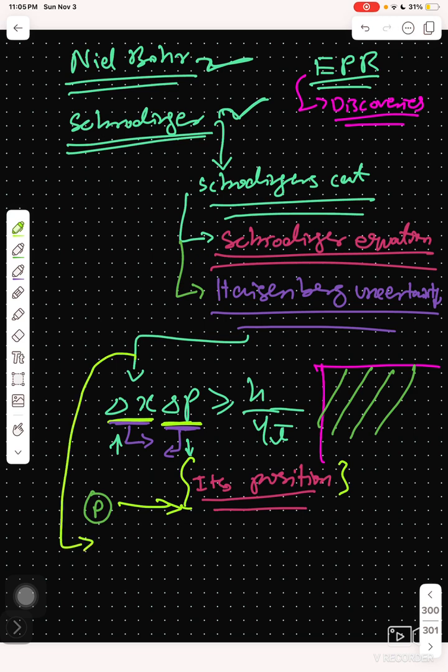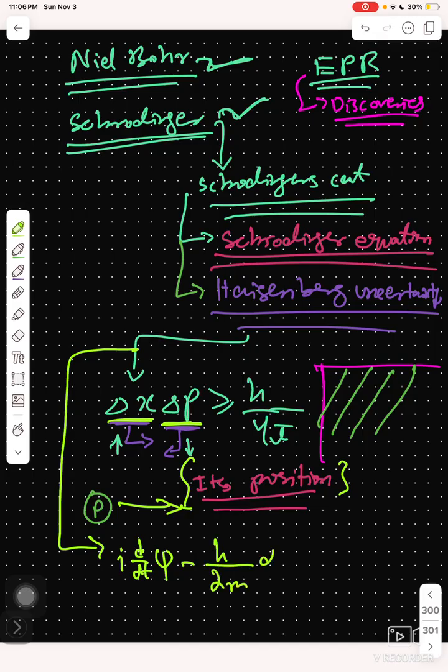It's one of the longest equations, I think the world's second longest or hardest equation. i h bar d over dt psi equals minus h bar square over 2m d square over dx square psi plus V of x psi of x and t.